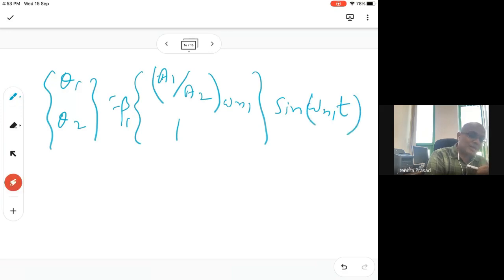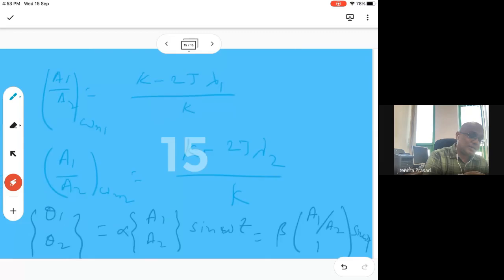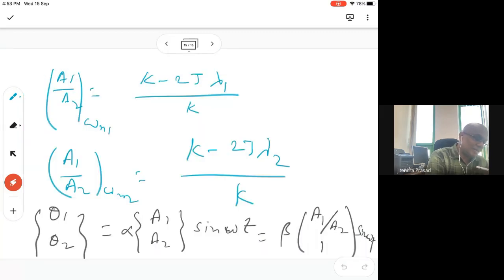See here, depending on which we are talking about, omega will become here, and this omega comes from the eigenvalues.